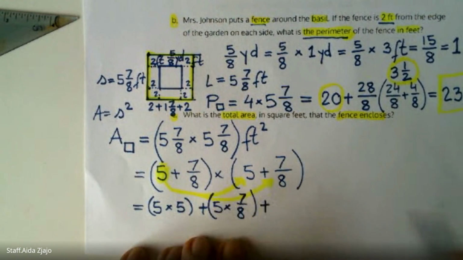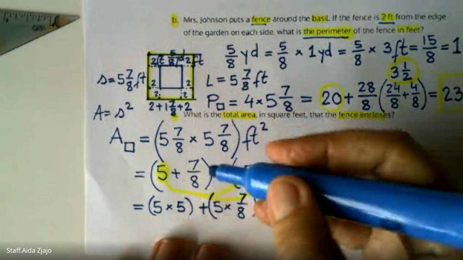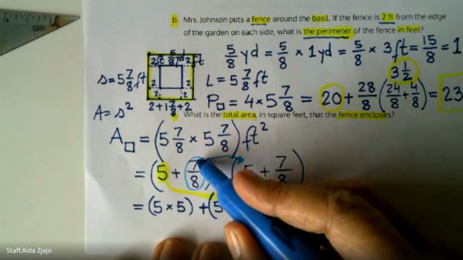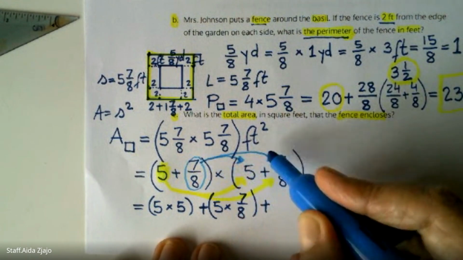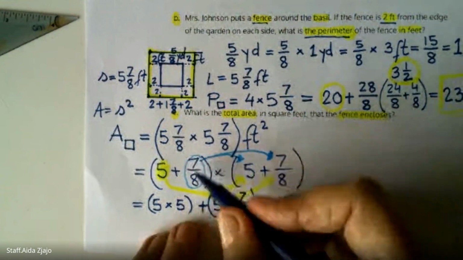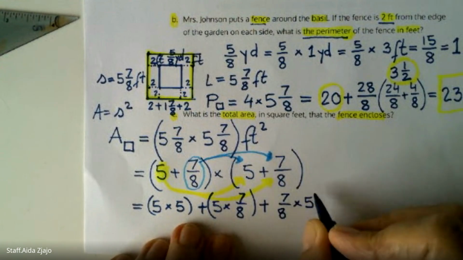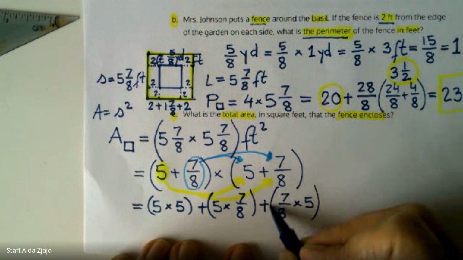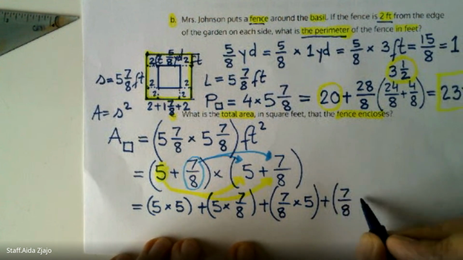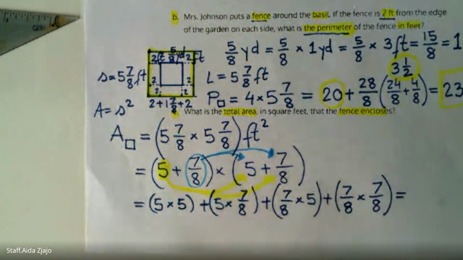Now plus, we're going to do 7/8 times 5 and 7/8 times 7/8. So 7/8 times 5 plus 7/8 times 7/8. Okay, let's go solve it.